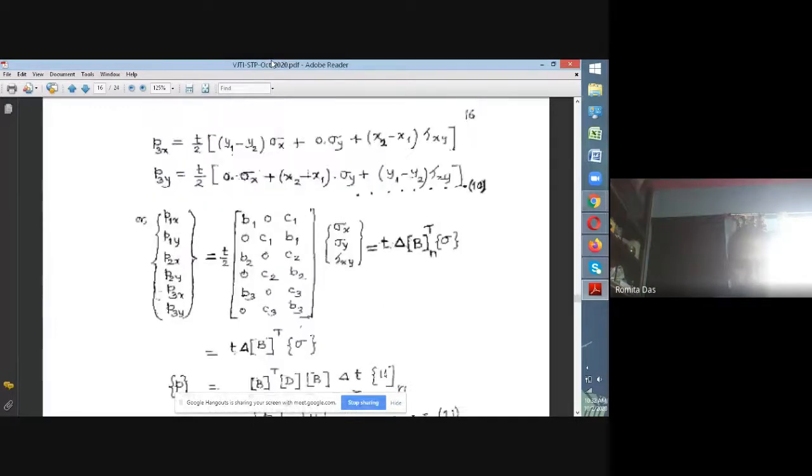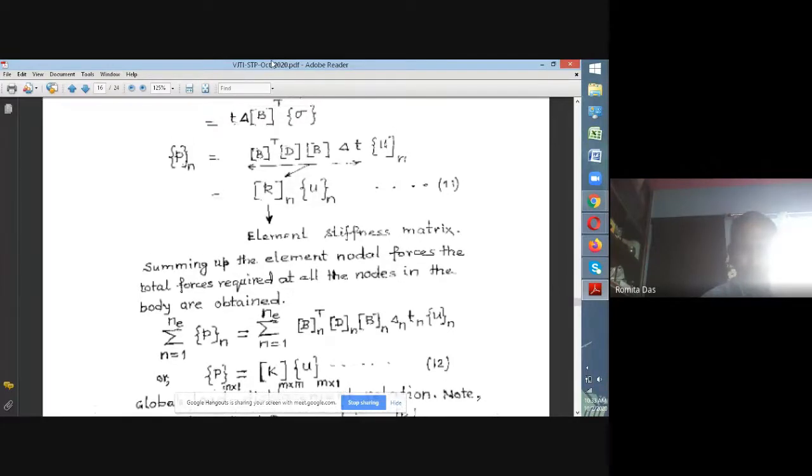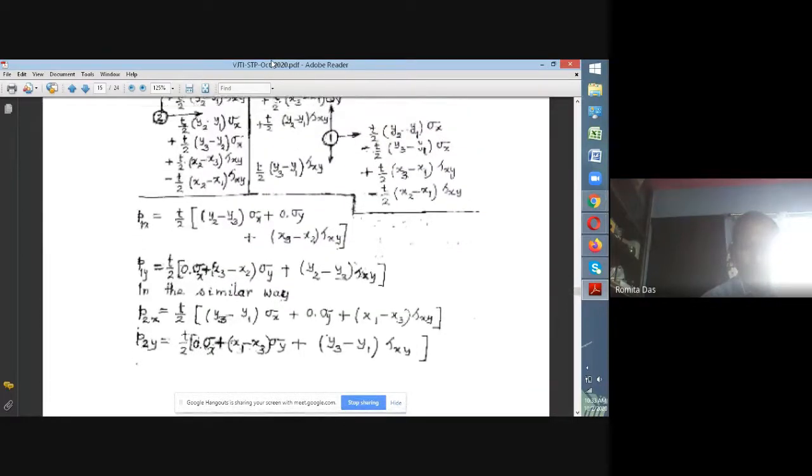We started with the consideration that obviously the element stiffness matrix is going to link up the nodal loads with the nodal displacements. This relationship we got by the consideration that the stresses are constant within the element, and therefore we could lump the loads at the nodes.